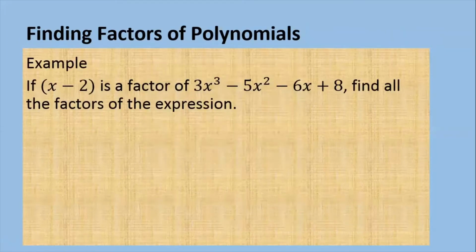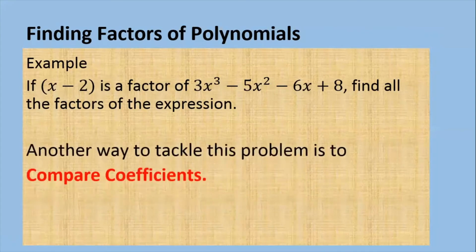Right. Now we move to the second method, which is comparing coefficients. How are we going to do it? Well, here you have a cubic polynomial, right? And you know that x minus 2 is a factor. x minus 2 is linear. So to have a cubic, you need to have this linear multiplied by a quadratic. That's right.